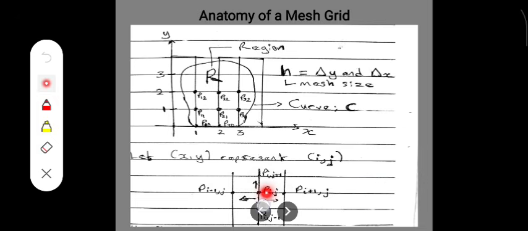From that point, when we move to the left hand side, that is the negative x-axis, we subtract 1 from the i notation, that is p i minus 1 comma j. When we go upward, that is the positive y-axis, we add 1 to the j notation, and when we go downward from a point, we subtract 1 from the j notation, that is the negative y-axis.